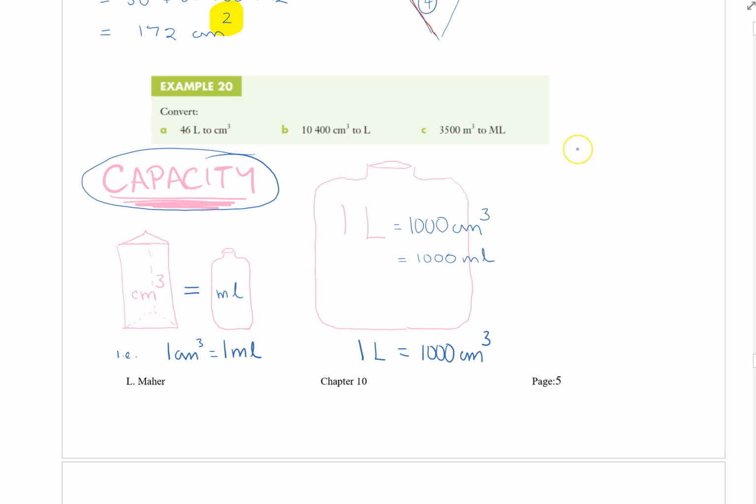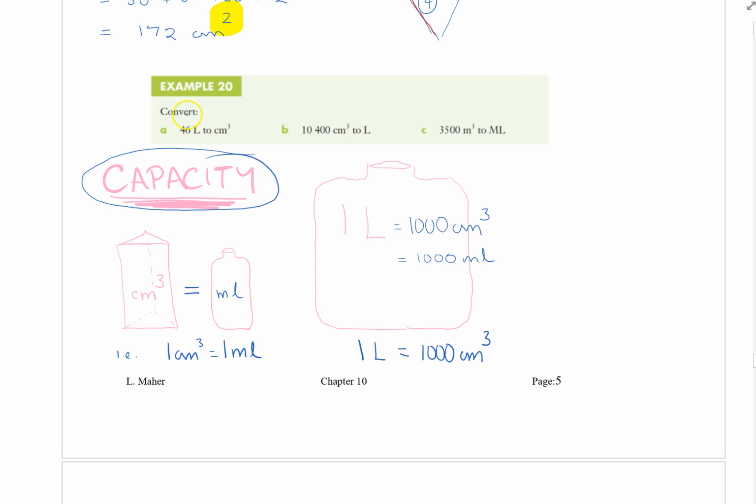We convert. When you get a question on capacity, you're going to do two things. You're going to calculate volume, then you're going to convert. You're calculating volume and converting without being told.